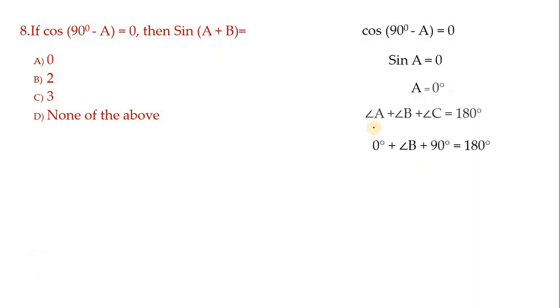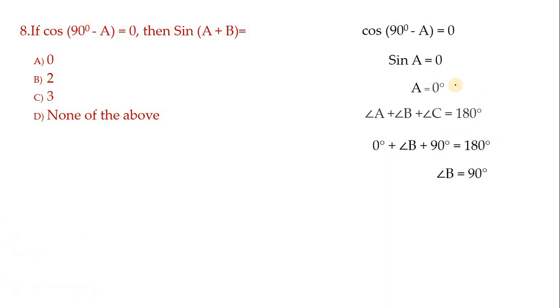Now let us substitute the values. The A value is 0 degree, B you write as it is, the C value is 90 degree. Now if B is 90 degree, C is 90 degree, B value also will be 90 degree because this 90 will transfer to this side, we get 180 minus 90, hence B is equal to 90 degree.